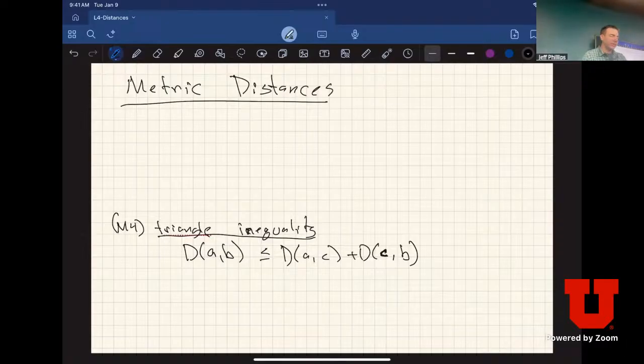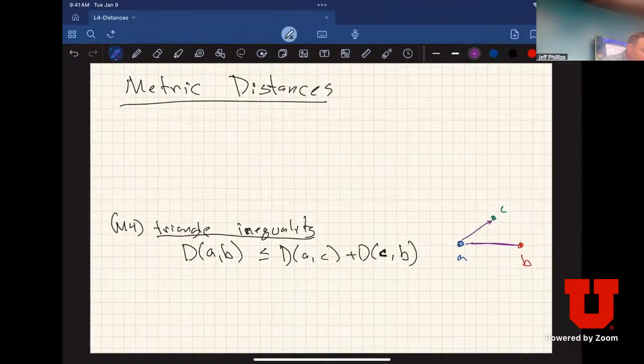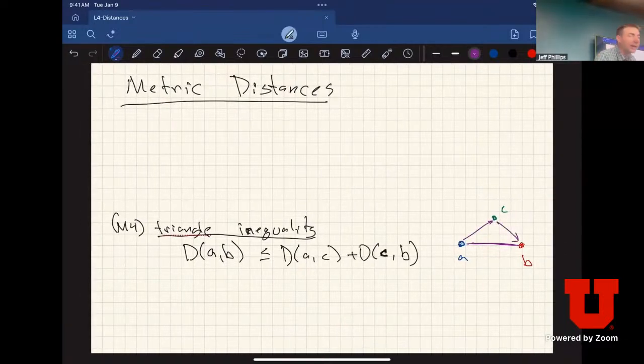Okay, this says that if I've got 3 points here, I want to go from A to B, and I look at this distance here, and I measure how far it is from A to B. And if there's a 3rd point, C, and I consider, well, what if I went to C and then I went from C down to B? Can I get there faster?